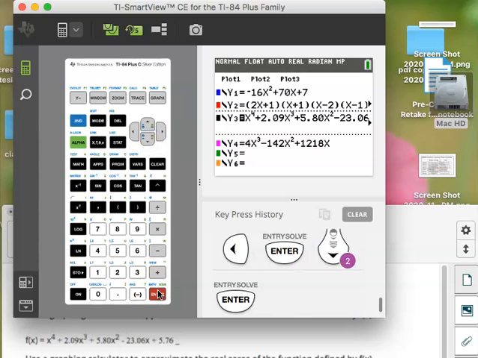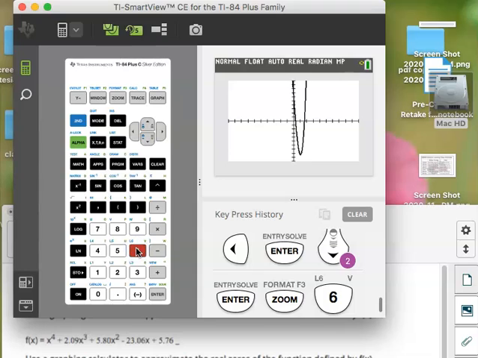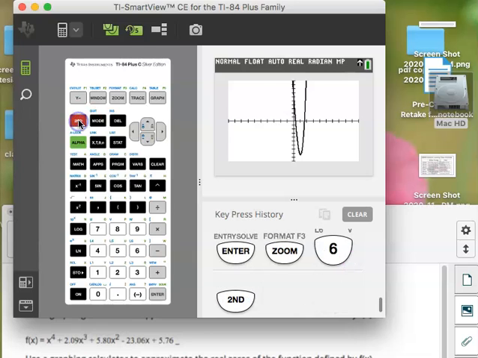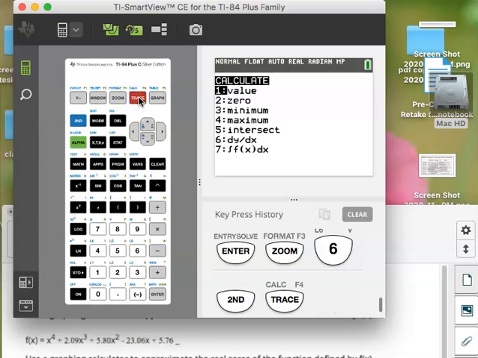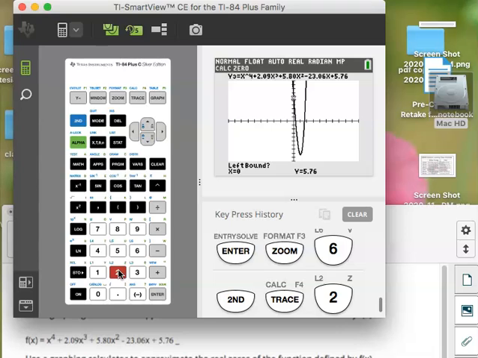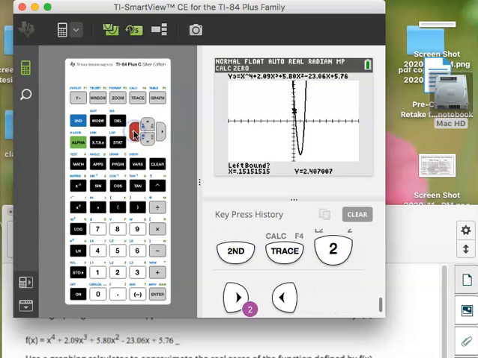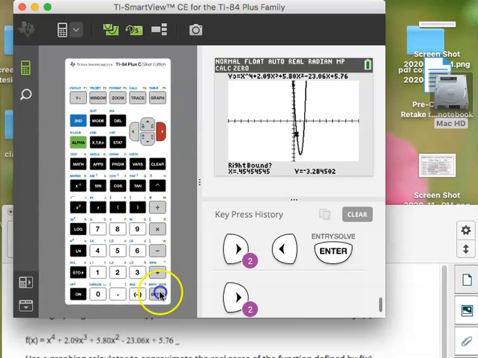There we go. Try zoom 6. So I can see the 2 zeros. I just have to figure out where they are, and that's, again, using the cursor. So second trace, number 2 for Blinky. I'm going to need to be above it to be to the left and hit enter. Below the x-axis to be to the right and hit enter, and enter through guess.